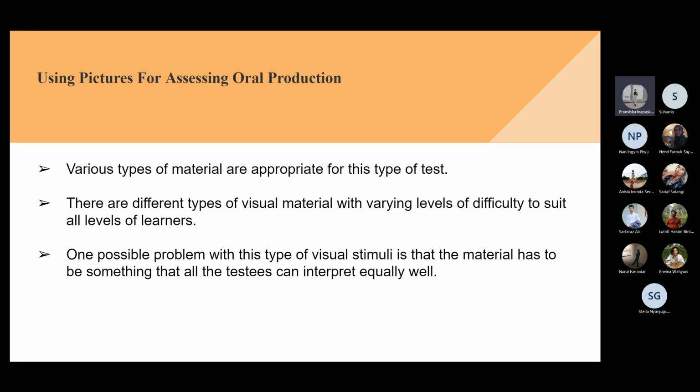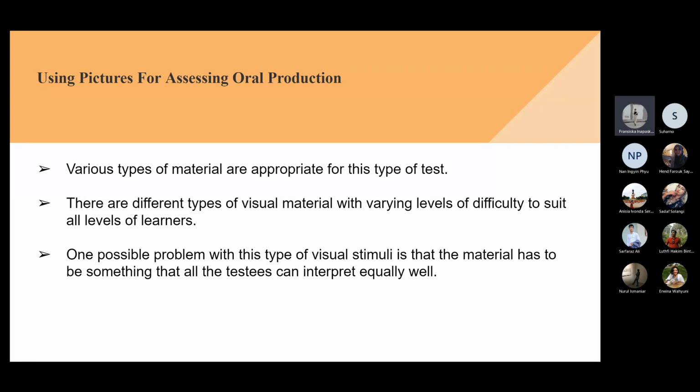Various types of material are appropriate for this type of test, depending on the language that the tester wants to elicit.